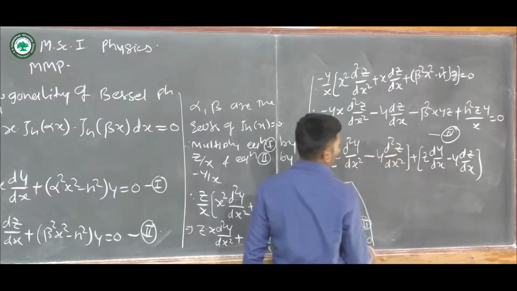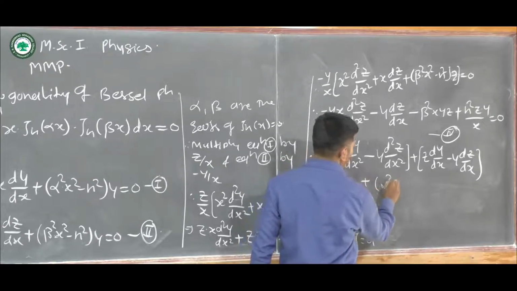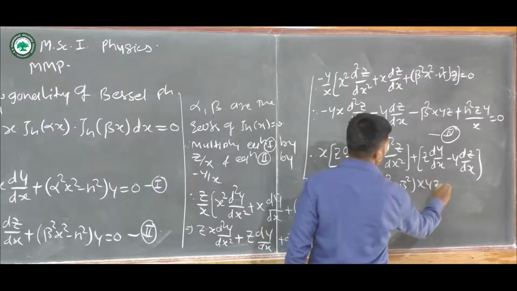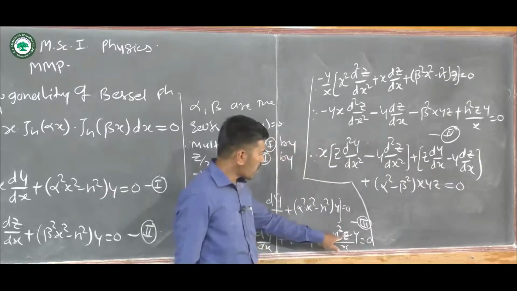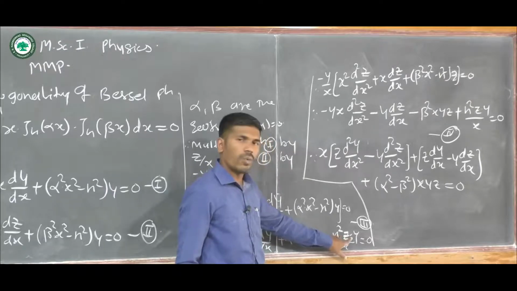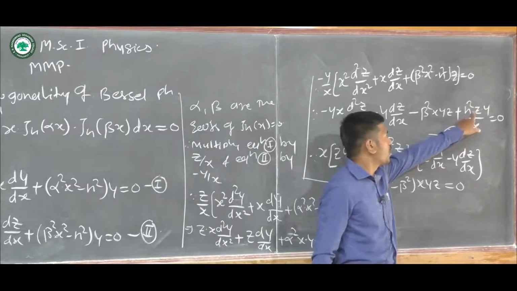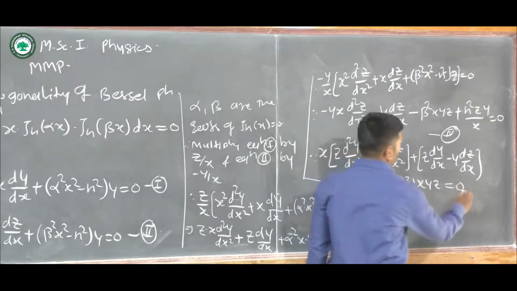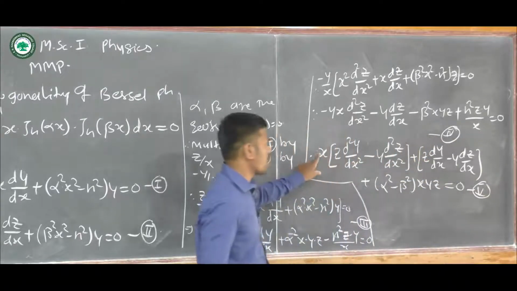Okay, and the last one, that is plus alpha square minus beta square into x y z is equal to 0. Okay, and this minus n square into z into y by x, and here is a plus n square into z into y by x, this will be cancelled out.